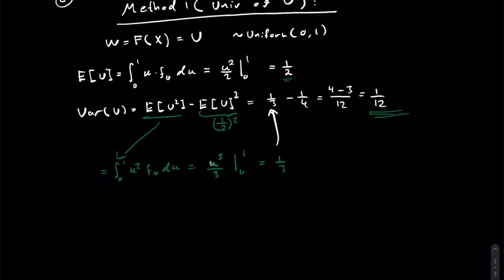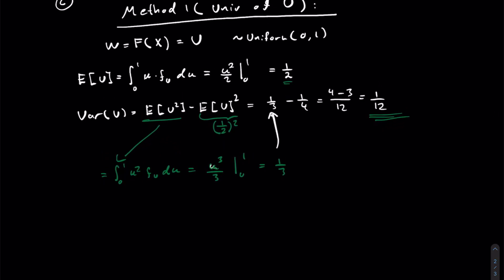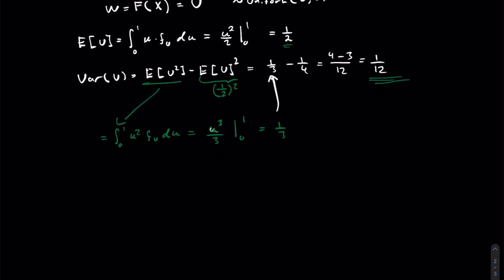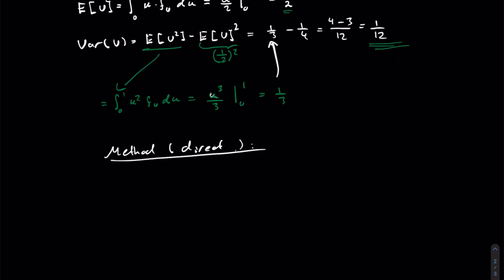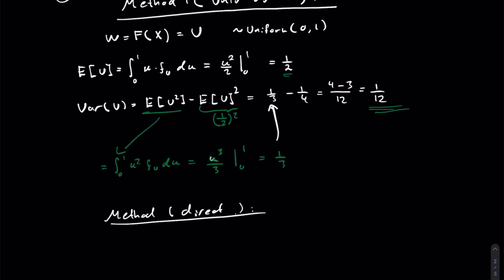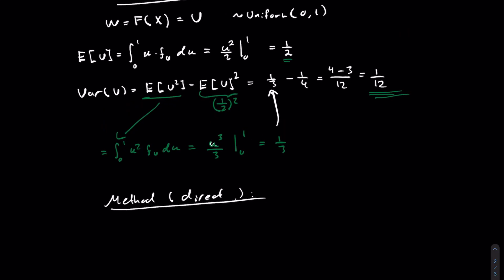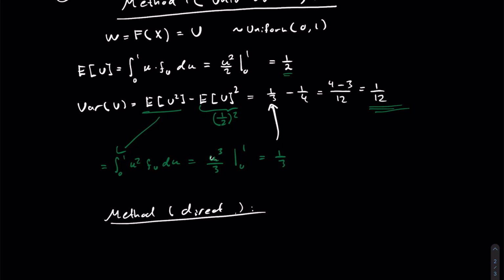Now, method 2, how would we approach that? Again, thinking about what it means, let's do method 2, and I'll call this a direct way of calculating the CDF. First, let's start with the CDF and see if we can figure out what that term up here means.